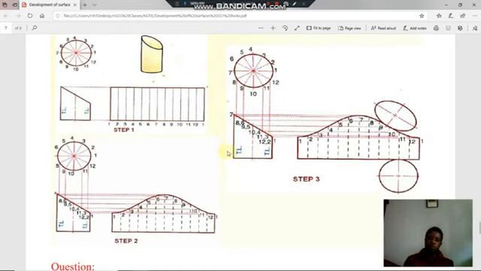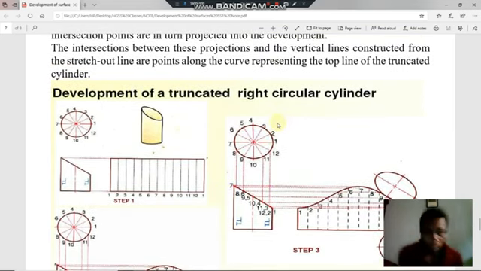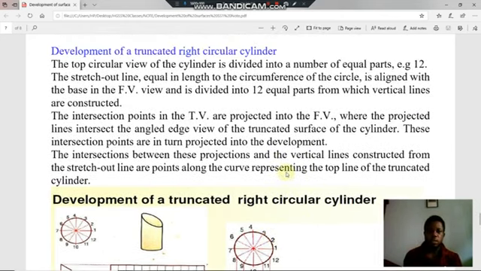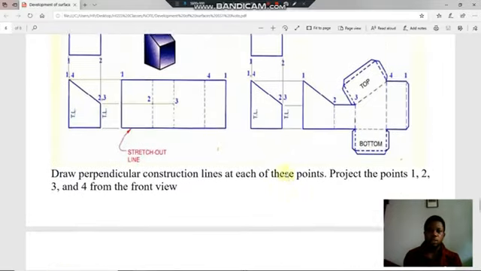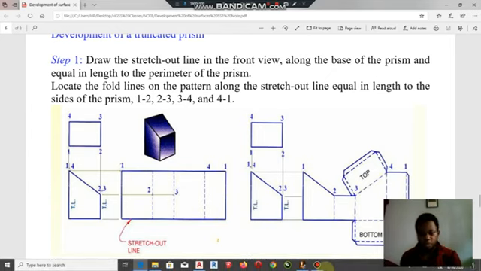Use it, and then with this note you can work on a truncated cylinder. Okay, you can also work on this as well. So I will leave you to practice all of this.